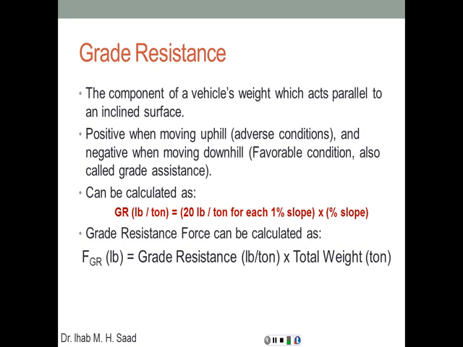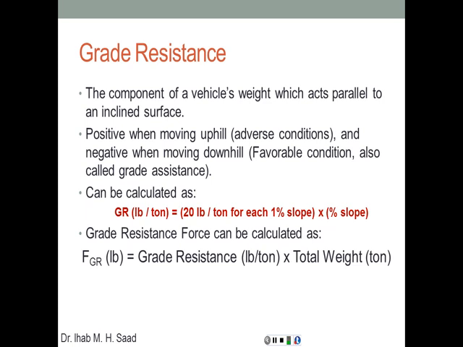Here we're going to use the opposite sign convention. It's positive when moving uphill, so you're going to add that resistance when moving uphill. It's going to be working against the equipment, which is an adverse condition, and negative when moving downhill, which is a favorable condition, also called grade assistance, not resistance in this case.